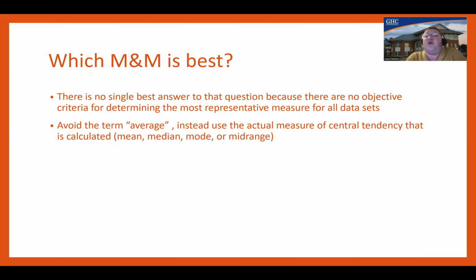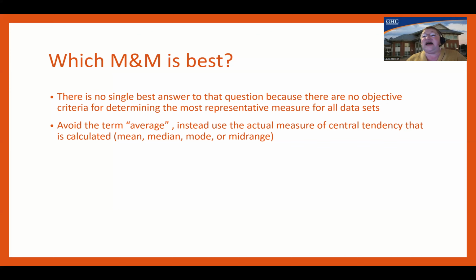Oftentimes we want to avoid using the word average because statistically an average could be either the mean, the median, or the mode. It's better, especially if you're writing a research report, that you're specific. Sometimes I've seen reports where they say the median average is, or the mean average is.